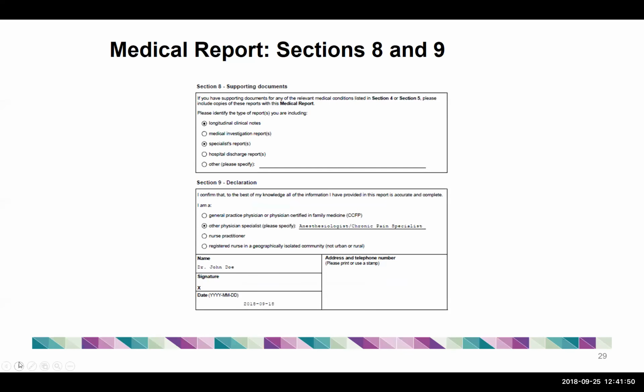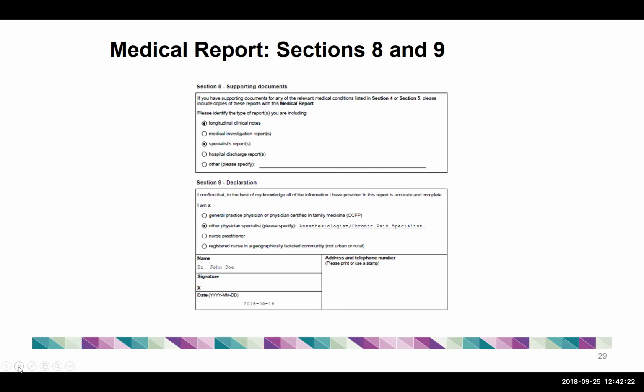Yes, you can do an X-ray or an MRI that may show some abnormalities, but the level of pain that people experience often does not correlate well with those objective findings. So being able to see your longitudinal clinical notes showing that the person has been complaining of pain for the last 2.5 years, for example, would be valuable to us because it helps to demonstrate the trajectory and progression of the condition.